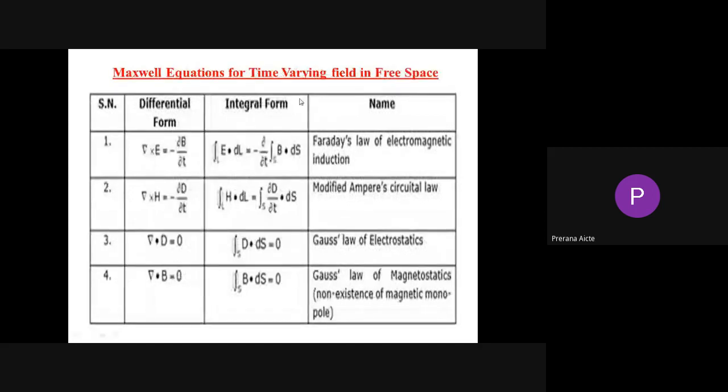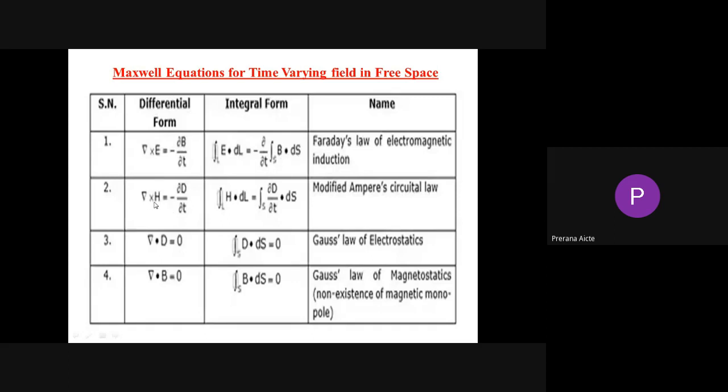Now the Maxwell equations for time varying fields in free space medium, that is the atmospheric medium: del cross E is equal to minus dou B by dou t. In integral form, taking integrals on both sides, integral of E dot dL is equal to minus dou by dou t of integral of B dot dS.